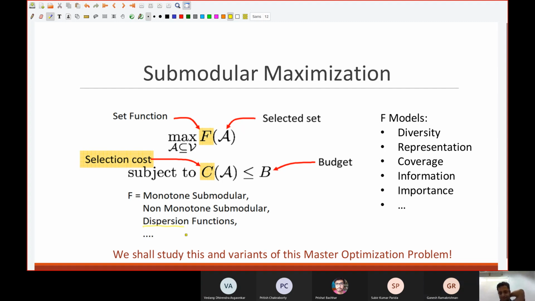We've seen min sum, for example. Now, since the function can be monotone, it's often important to have a cardinality constraint, or more generally, a selection cost. So C is a cost of selecting a subset A. And you want to make sure that that doesn't exceed your budget B. So this is the master optimization. Any questions on this?